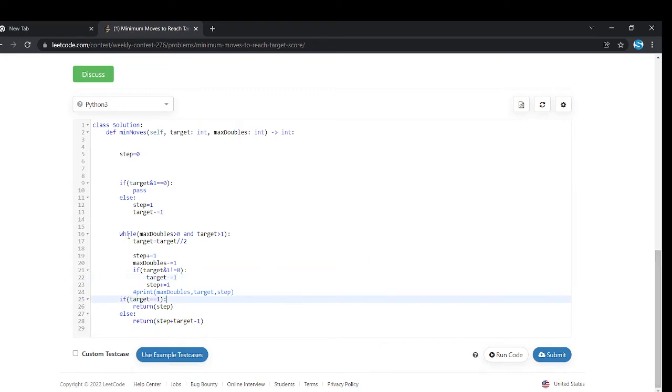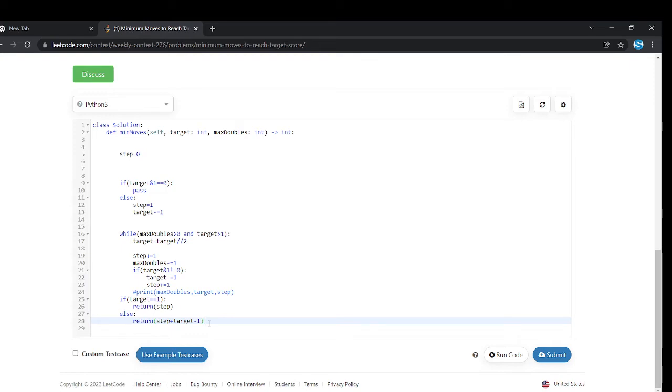Once all the double operations have been performed, or once the target value is no more greater than 1, we can end our loop here itself. Then after ending our loop, we check whether we have reached our target or not. If yes, then return the steps.